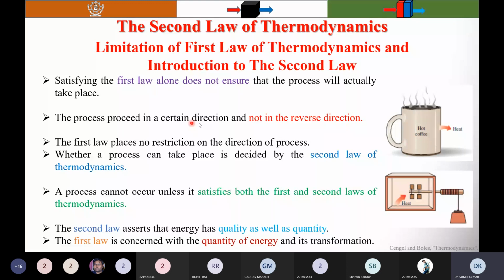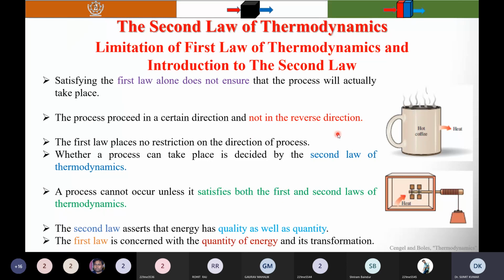We know that hot coffee always cools if it is kept in a cold medium. It is not like once it is cold, in the cold environment it is heated again. So the process proceeds in a certain direction, not in the reverse direction.